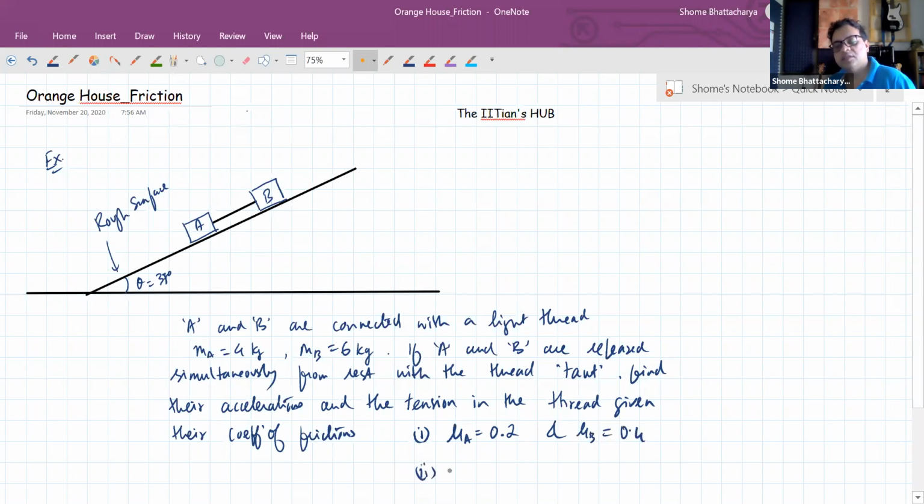In the second case, reverse that. Take the coefficient of friction for A to be 0.4 and coefficient of friction for B to be 0.2.